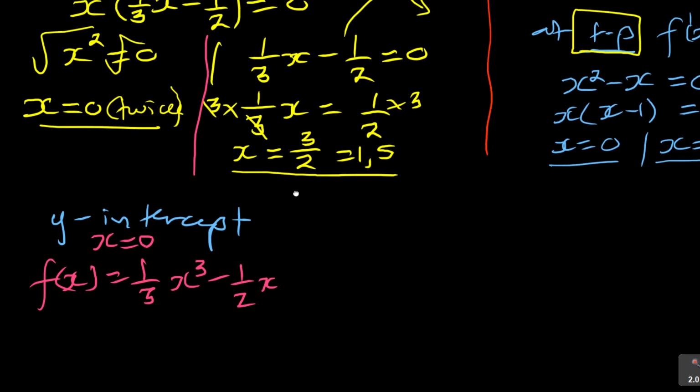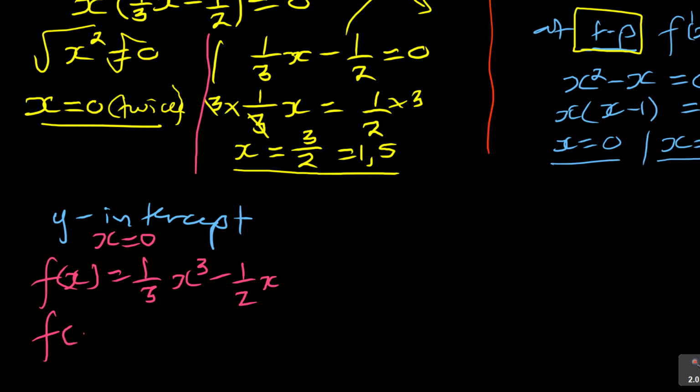Now when x becomes 0, that is f of 0, everything becomes 0. So it's 1 over 3 times 0 cubed minus 1 over 2 times 0. So this thing actually becomes 0.